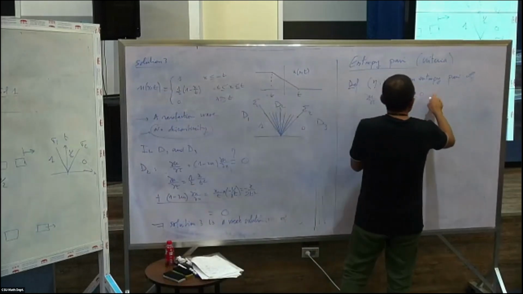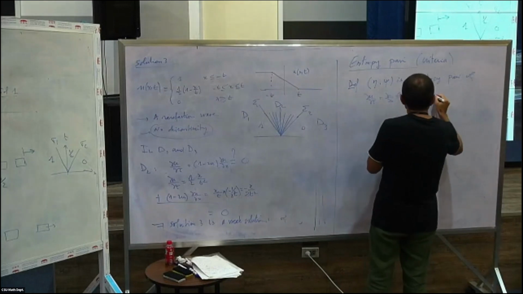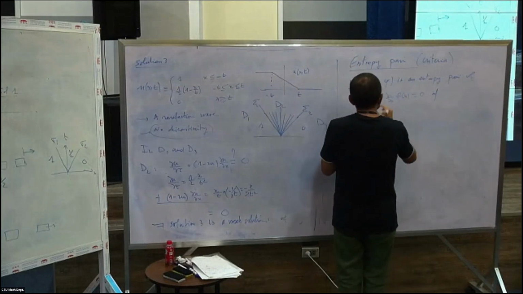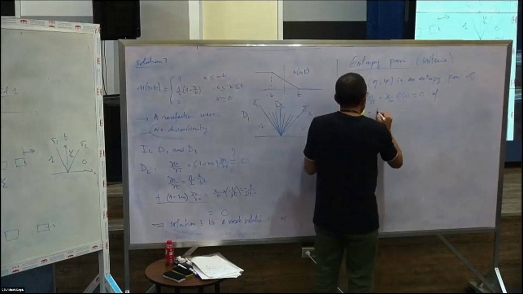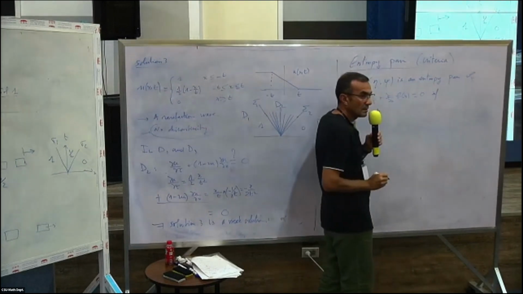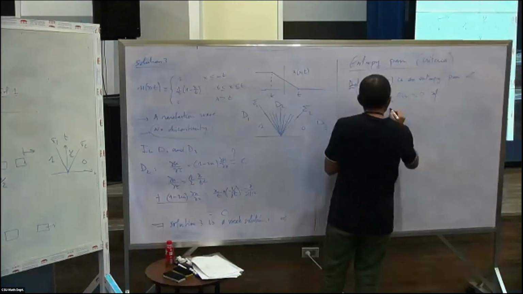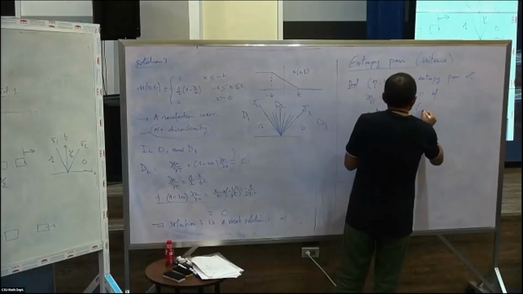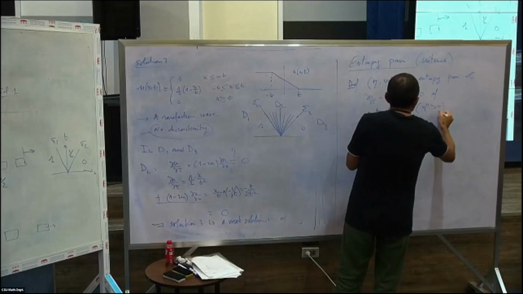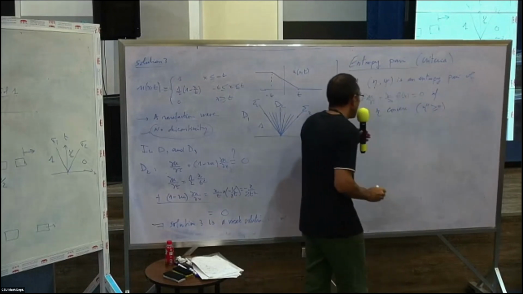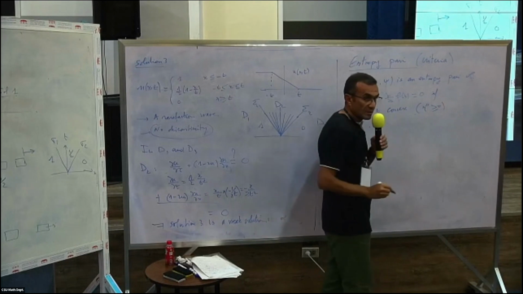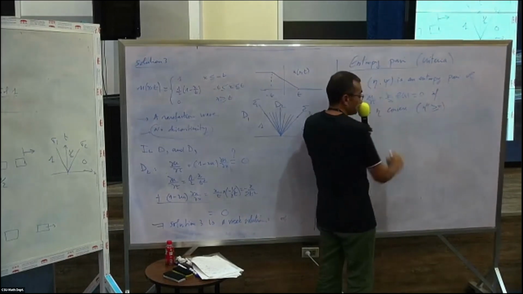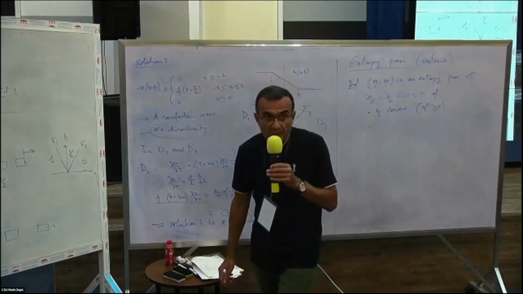So (eta, psi) is an entropy pair of this if two conditions hold. First, eta must be convex. Then there is a relation between eta and psi.